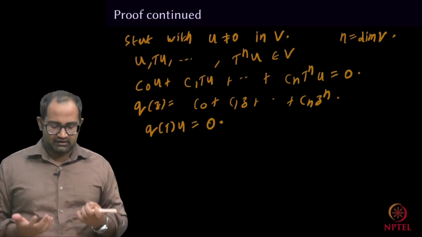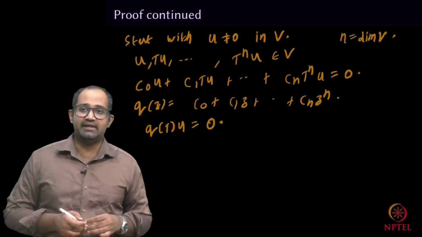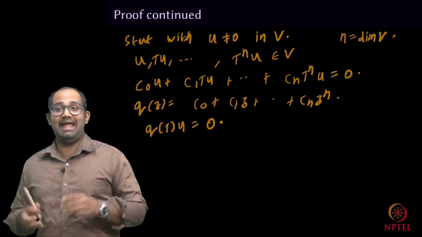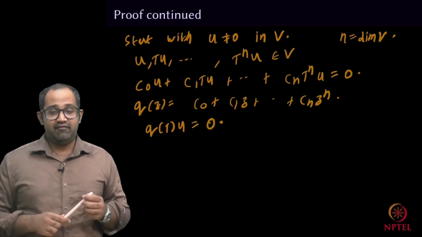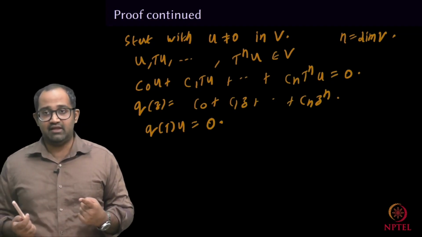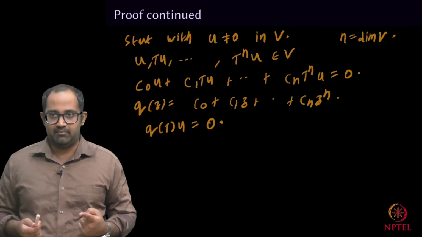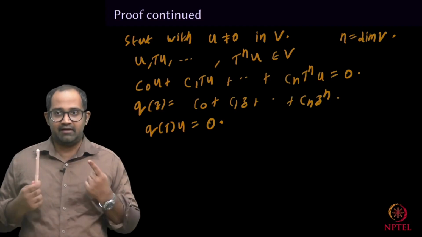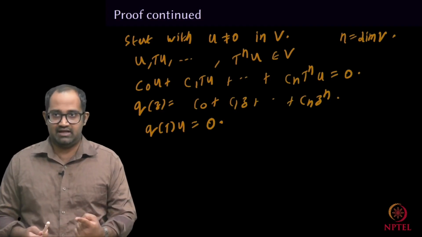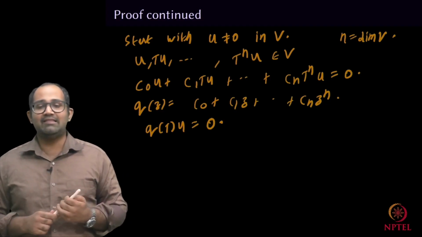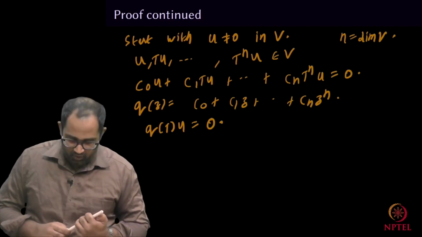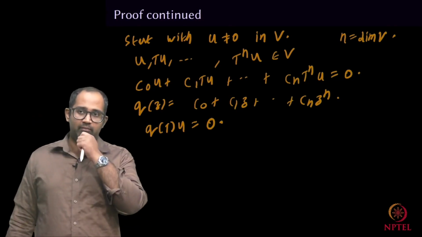All this discussion says is that q of T kills u. It might not kill every single vector in V. If it kills every single vector in V, then q kills T itself, and therefore q is an annihilating polynomial. But unfortunately, the deficiency of this line of argumentation is that we get only that q of T u equal to 0.